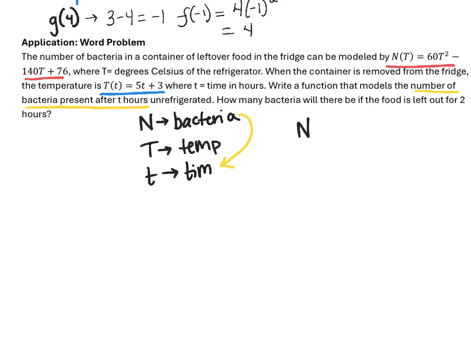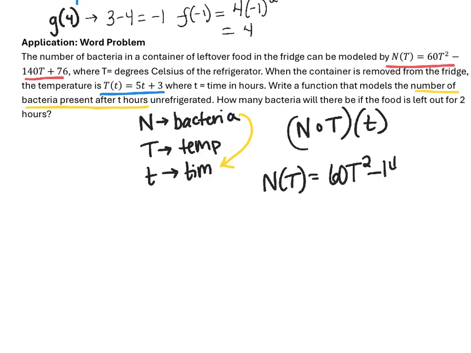We have to take N of T of little t. So we're going to start with our N of T, which is 60 big T squared minus 140T plus 76. And wherever we see a T, we are going to plug in T of t. So we're going to compose this function. So we're going to do N of T of t.